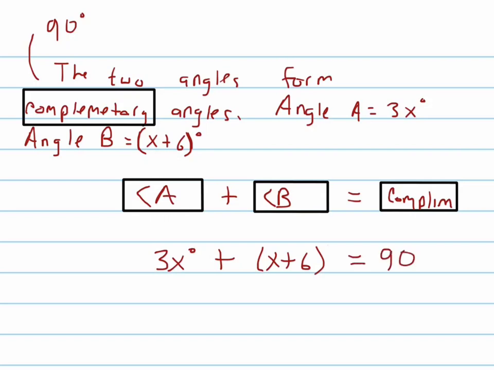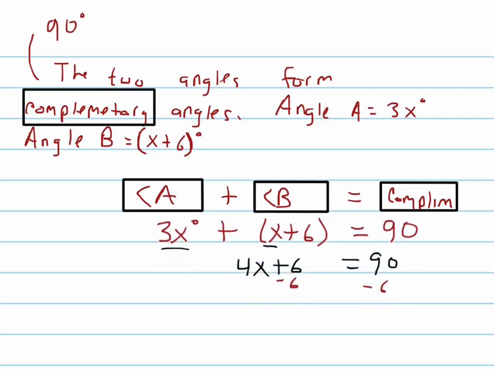So, combine my like terms. I have 4x plus 6 equals 90. And I'm going to subtract 6. Yeah, my math is not feeling it right now. I really don't feel good.